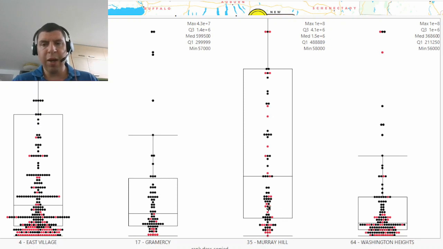Contrasting that with Murray Hill, you see this very large box, meaning that above this middle line, 50% of the properties for sale are priced higher than this approximately 150,000 UPIX. Whereas in Washington Heights, we see that over 75% of the properties are priced below this 175,000 UPIX.